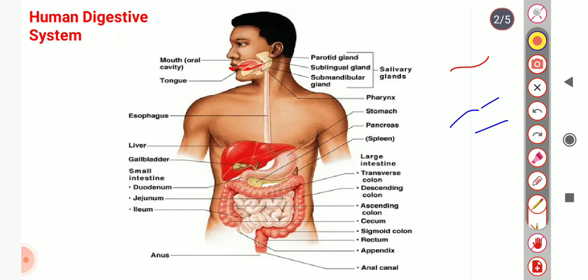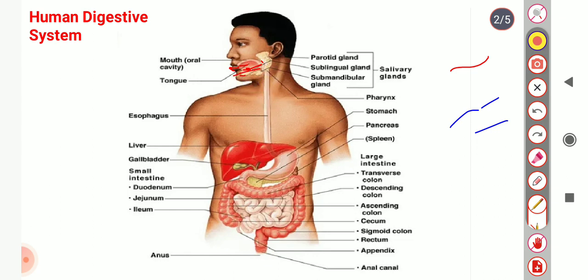The second one is the oropharynx. The oropharynx lies behind the oral cavity, and the nasopharynx and oral cavity open into the oropharynx, which is the passage of both food and air.